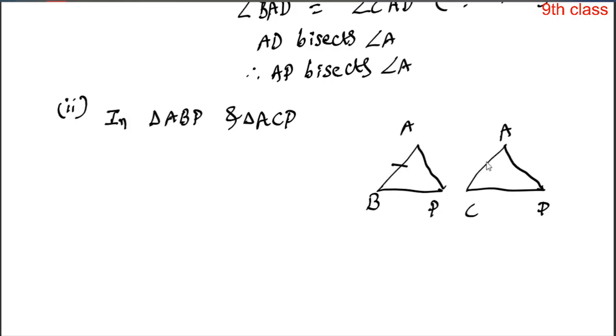First, AB is equal to AC. Since triangle ABC is an isosceles triangle, AB is equal to AC. This is the given condition.